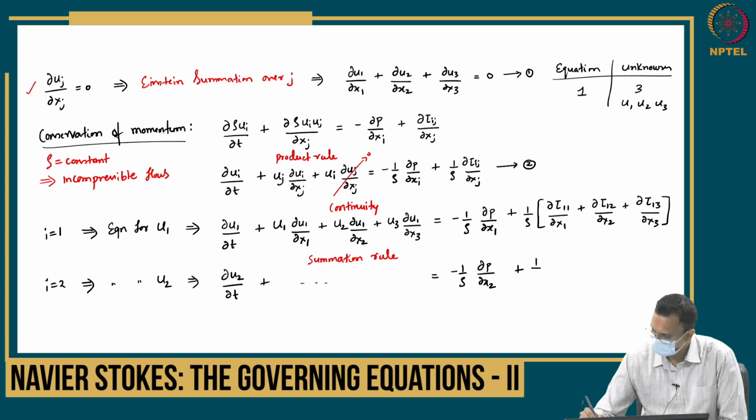So here this term is important, so let us look at it. Now i equal to 2: ∂τ21/∂x1 plus ∂τ22/∂x2 plus ∂τ23/∂x3.